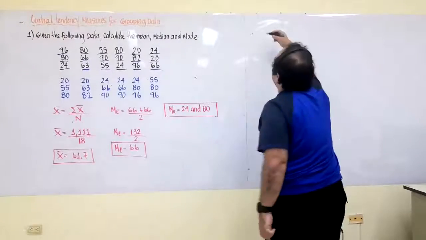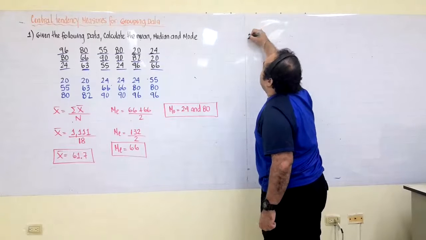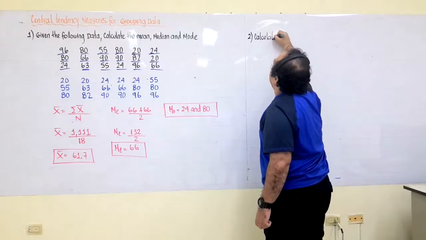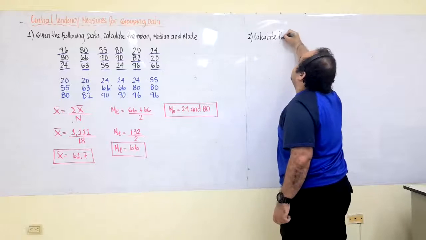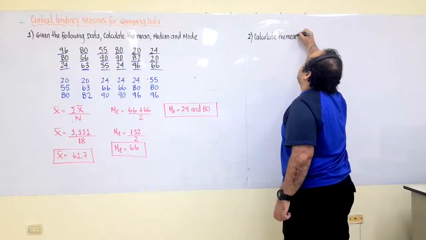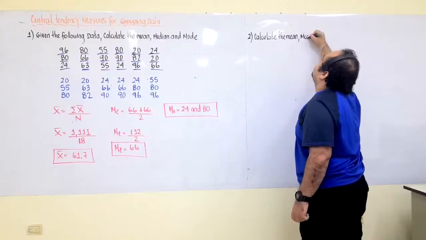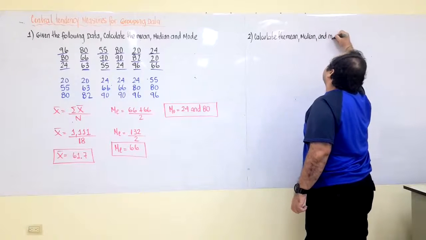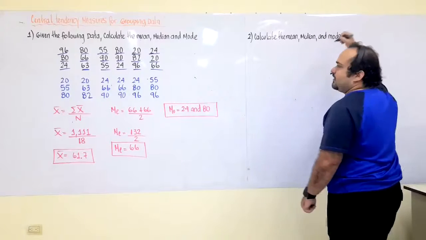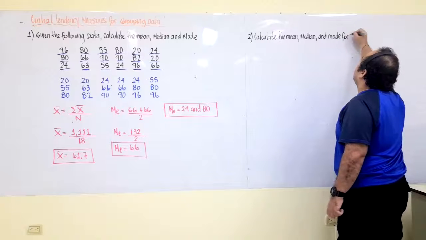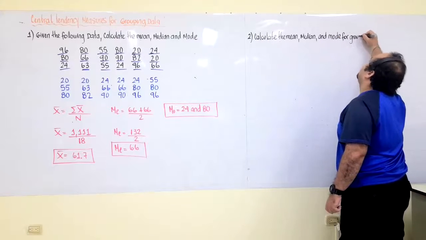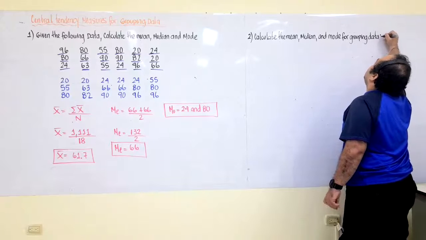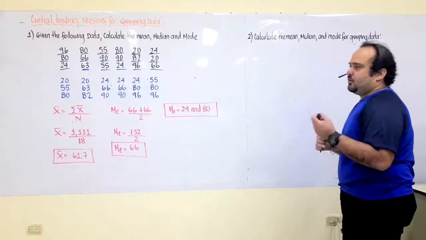I'm going to copy this data: calculate the mean, median, and mode for grouping data. And I'm going to copy the blue ones in order.